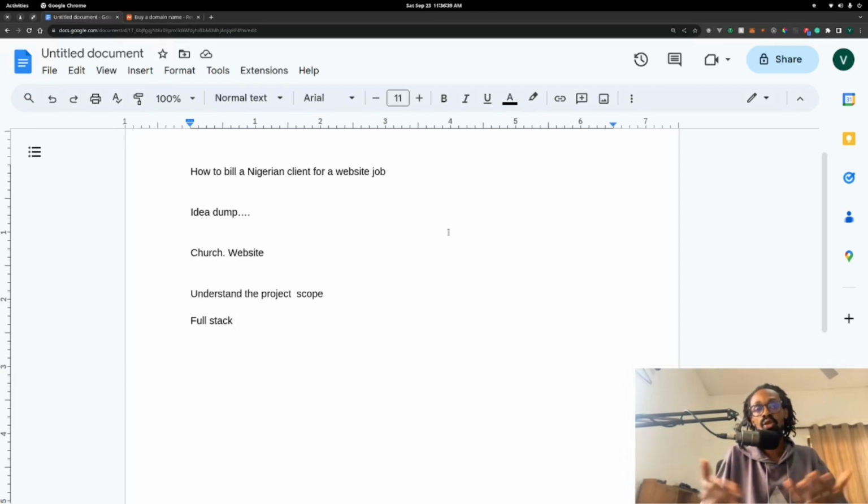Now that gives both the client and the software engineer a bit of peace of mind. So the client doesn't feel like they're paying too much and not getting the equivalent results. And then the software engineer doesn't feel like he's being victimized because he received money that isn't even equivalent to the stress.